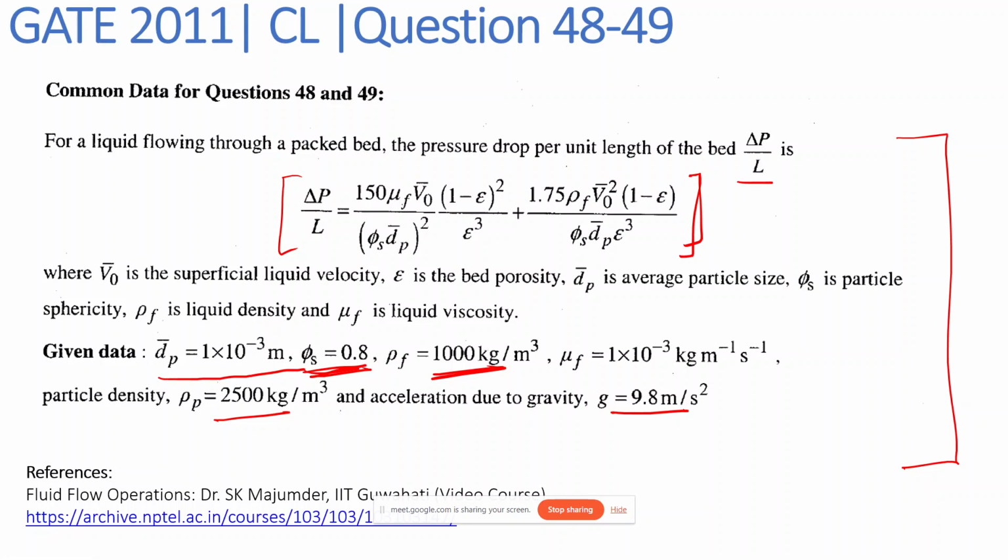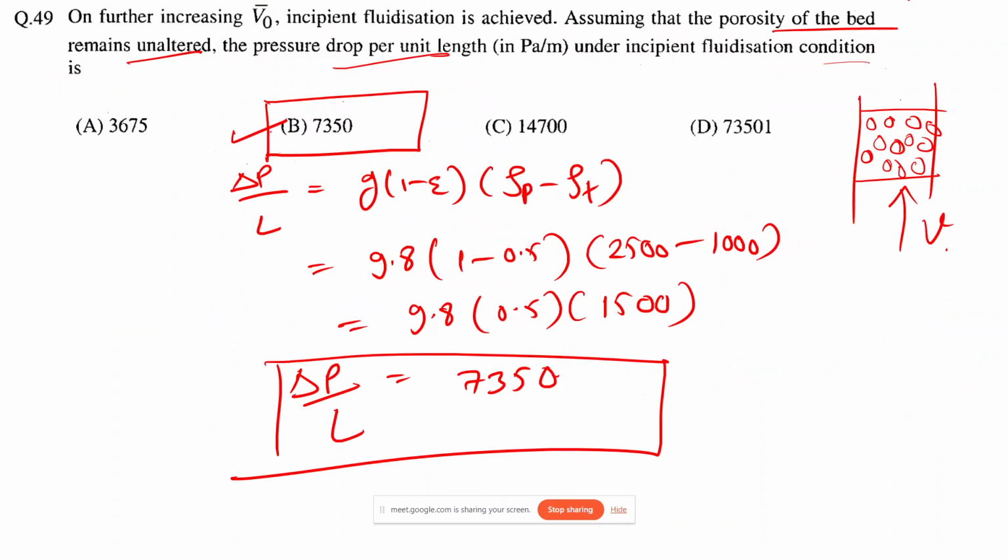So in this question, we saw how to calculate the pressure drop across the packed bed. At incipient fluidization, we can simply equate the pressure drop, and we have this simple equation given by delta P by L is equal to g (1 minus epsilon)(rho p minus rho f), where epsilon is the bed porosity.